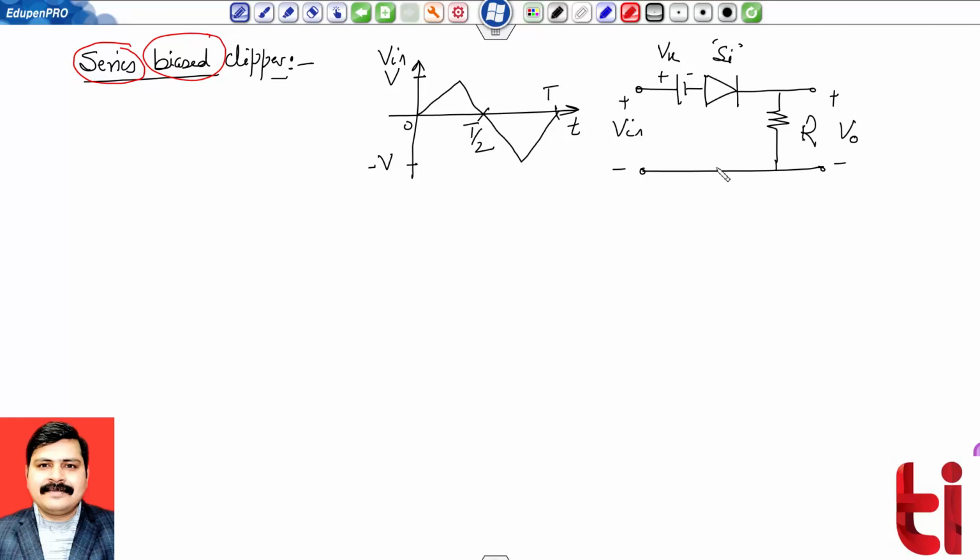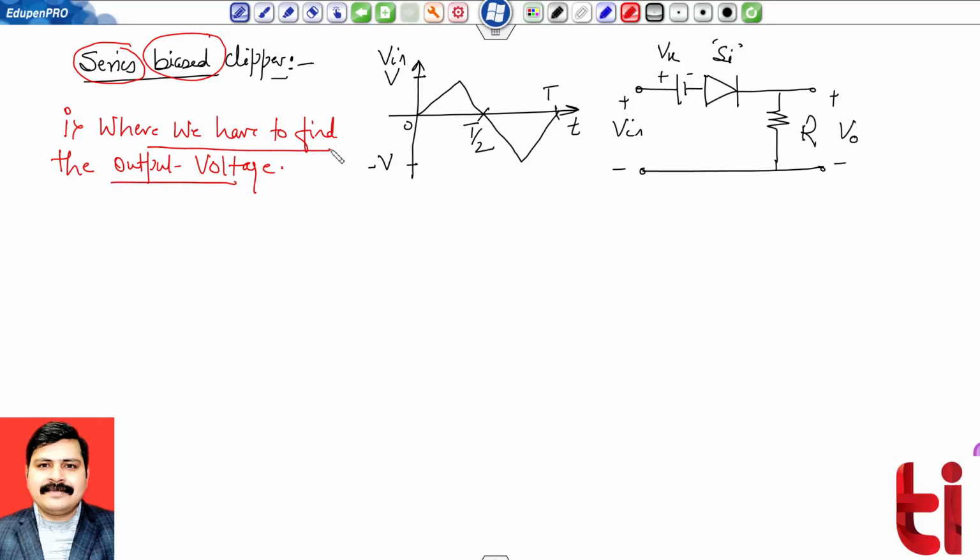Now for the working of such a type of circuit, the important part is the very first part which we need to check: where we need to find the output voltage. So over here we have to find the output voltage across this load resistance. Okay, so this is the first important part.